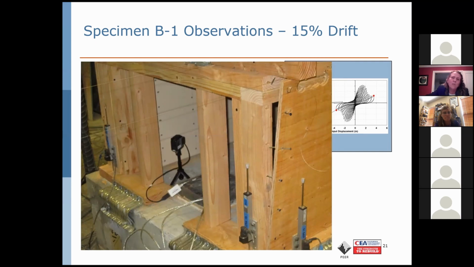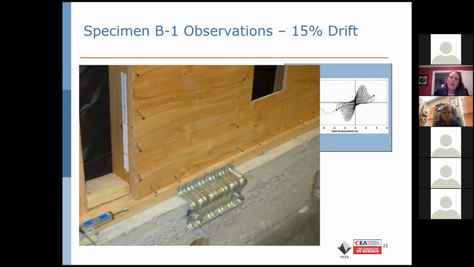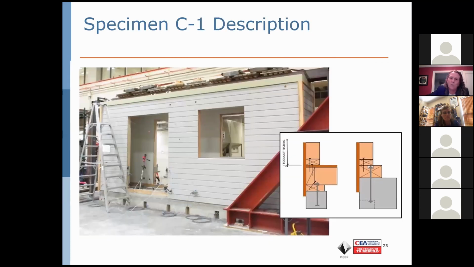But we basically got every single bit of benefit we could out of that retrofit. And in the end, the proprietary connectors were still absolutely golden. There was very little sign of deformation and no sign whatsoever of degradation of them. And so that worked out really well.